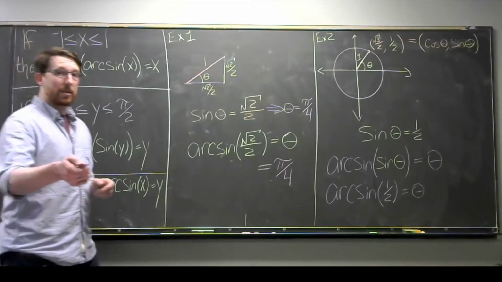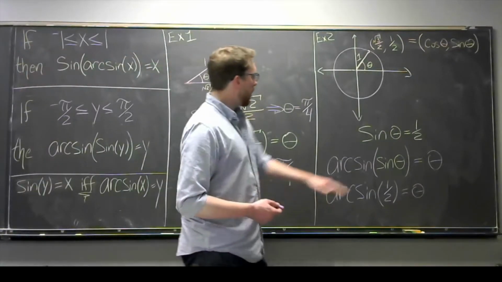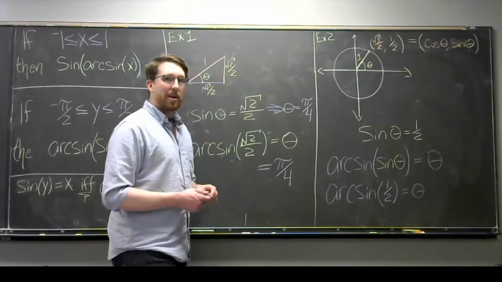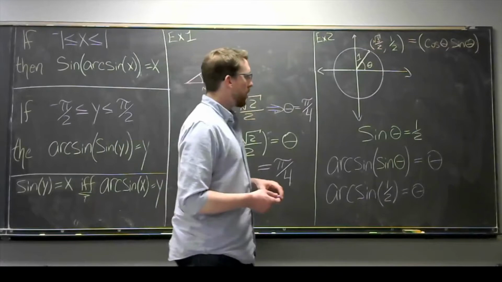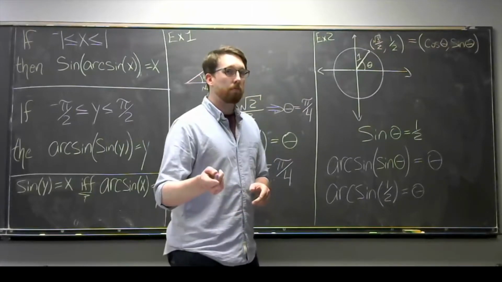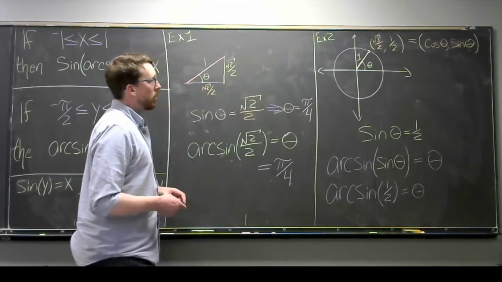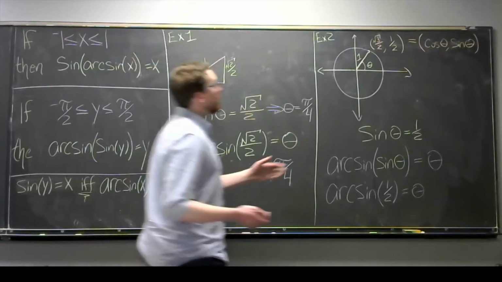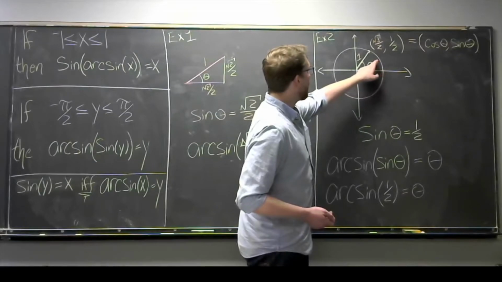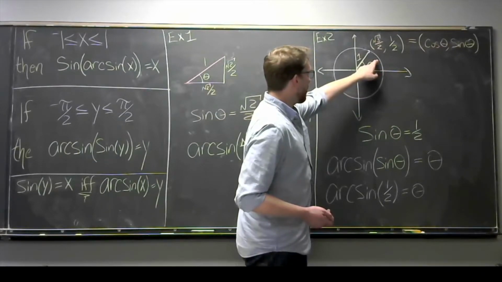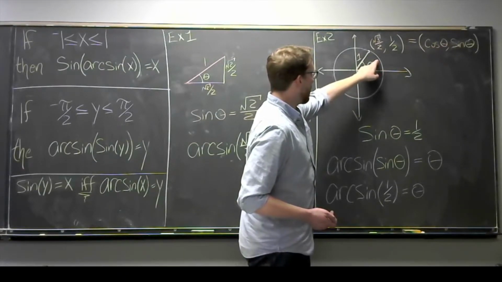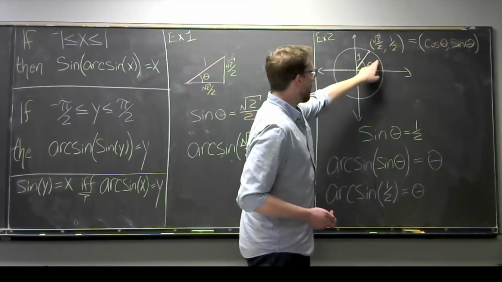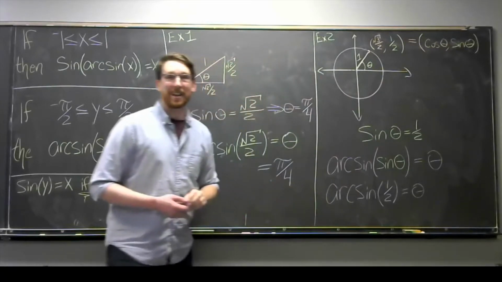But because of this, we can look over here and we can say, all right, cool. I know that the theta, the angle, has to be pi over 6, right? It has to be pi over 6 because if we look, sorry, I just froze for a second there.